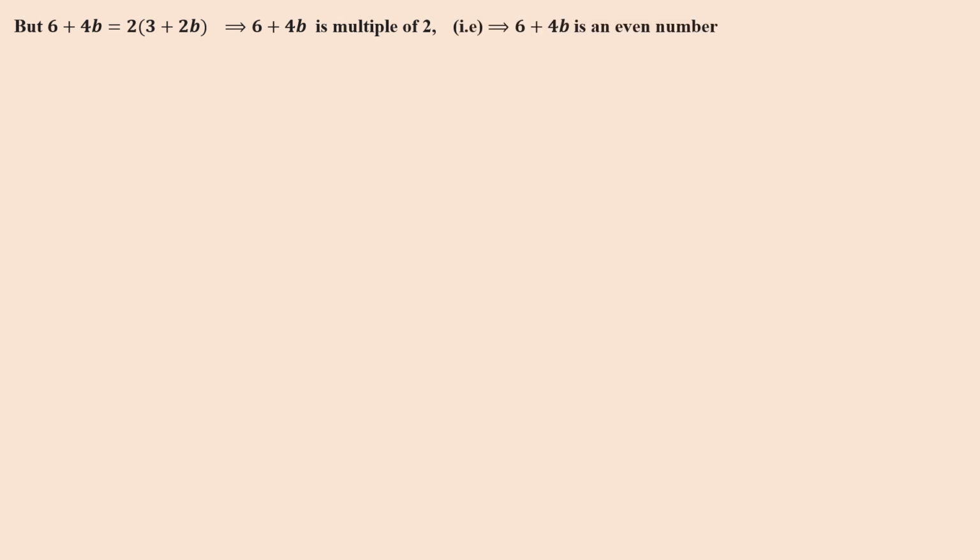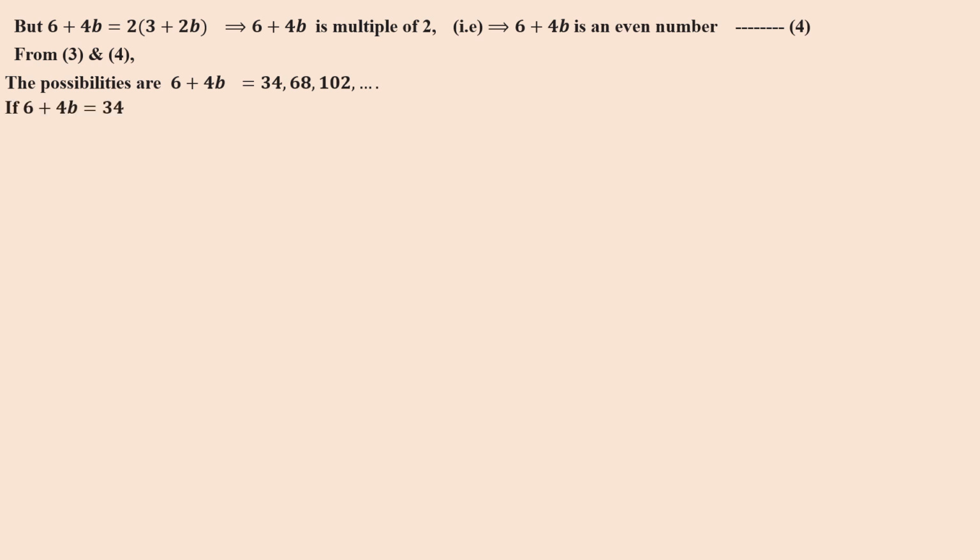That is equation 4. Now from 3 and 4, we take even numbers only and remove odd numbers from the set. So 6 + 4b can be 34, 68, 102, and so on.